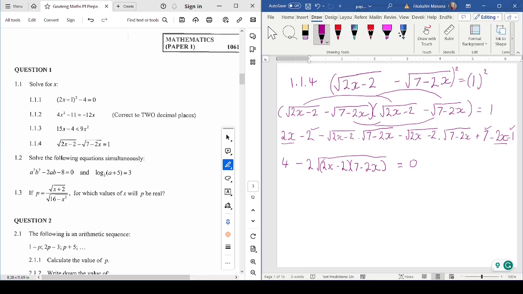Okay, all of that is now equals to 0. Now let me multiply it in. Okay, so I'll have 4 minus 2 square root. Okay, the first one is 2x times 7. Okay, so 2x is 14x, right? And then once again, 2x times 2x.